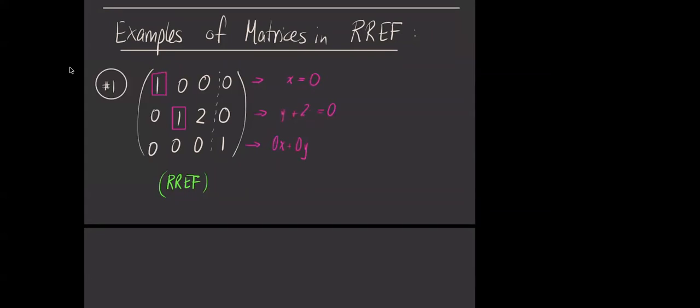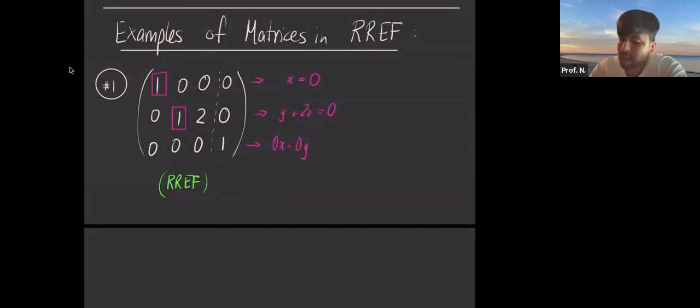The first column is x, the second column is y, and the third column is z. So the second row is y plus 2z equals 0.